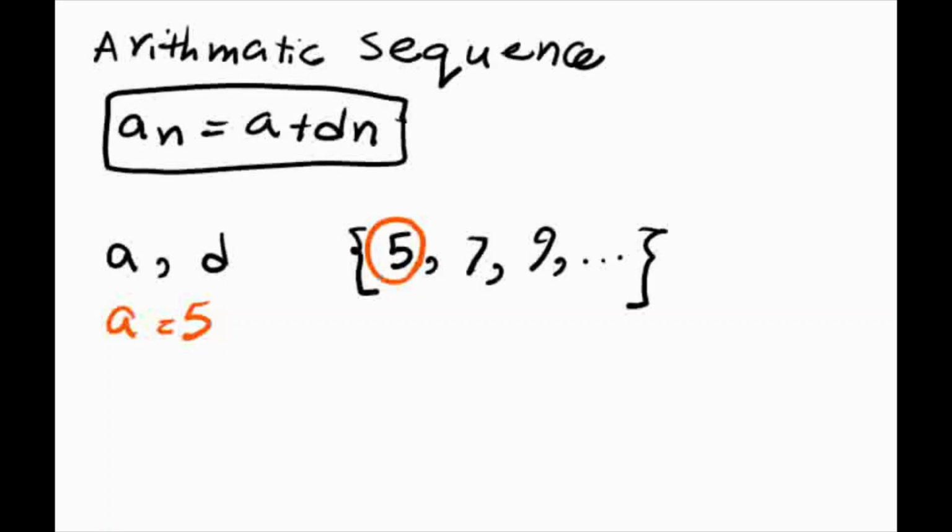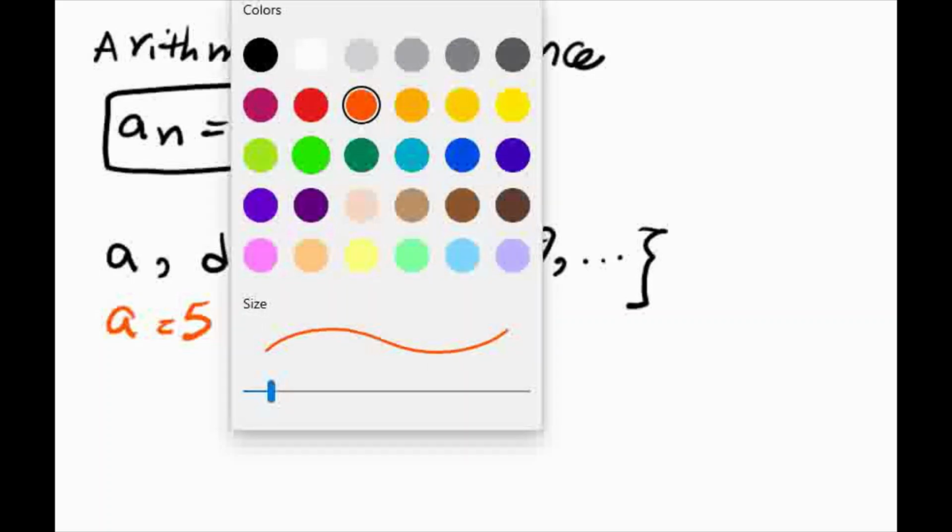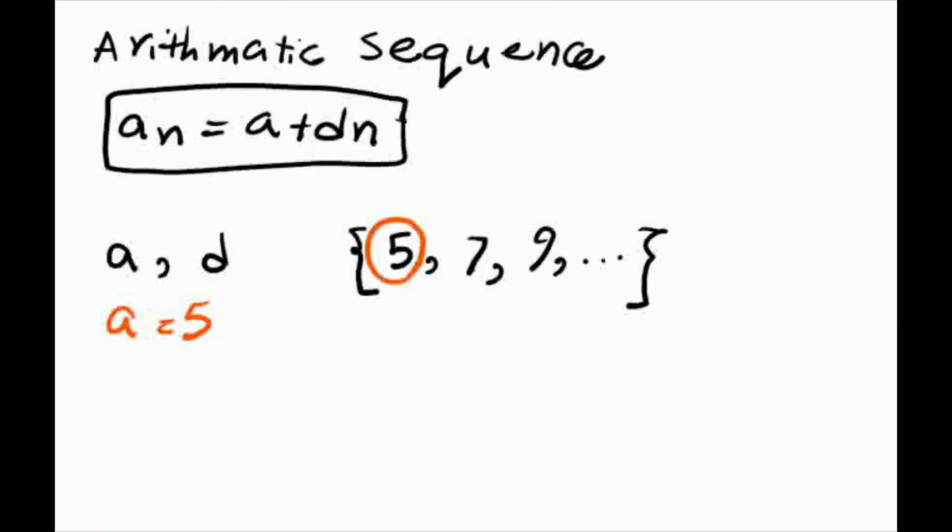And then if you want to find the value of my d, as you remember, when we were going this way, we were adding. So when we want to come back this way, we are subtracting. So you can either see what this number is added to, or you can see what this number is subtracted from.